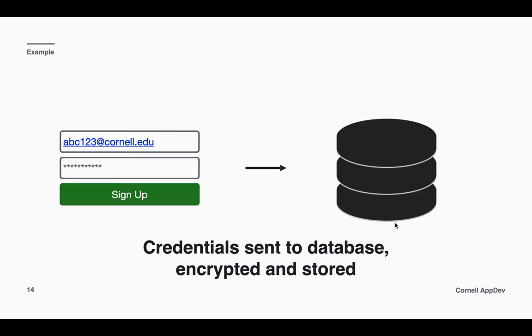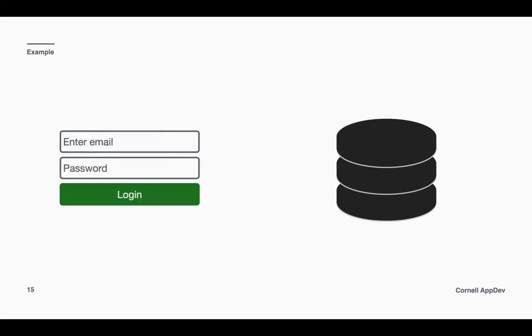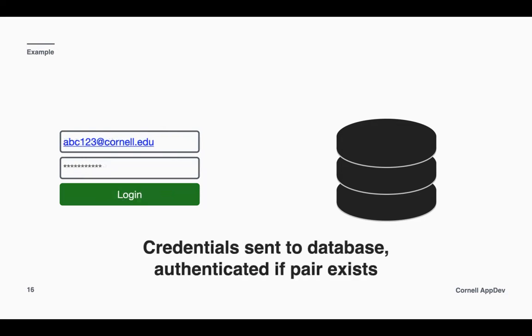Well, it'll hash them so that if someone were to get access to your database, they won't be able to just read the passwords that are stored in there. And if you want to log in, you type in your email and password, it'll be sent to the database server, and then our backend will authenticate the password and username and see if it already exists in the database. And if it does, then they can just log into that account.